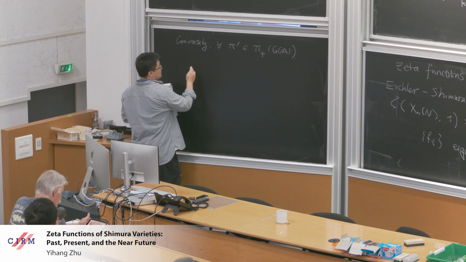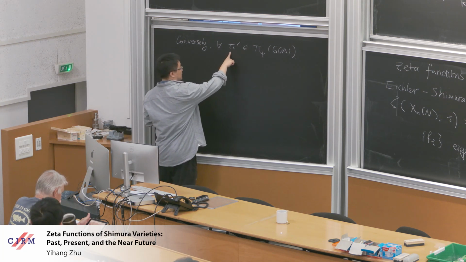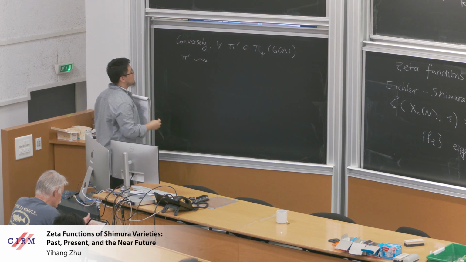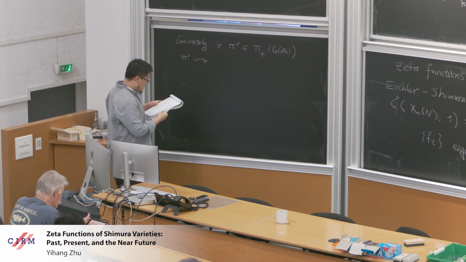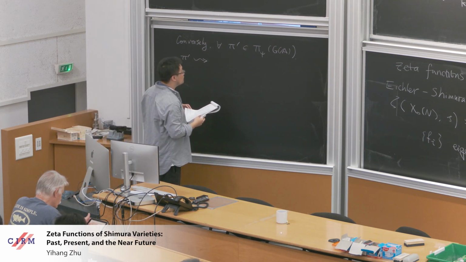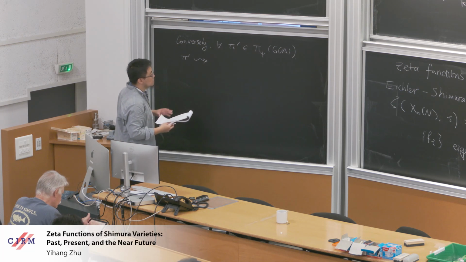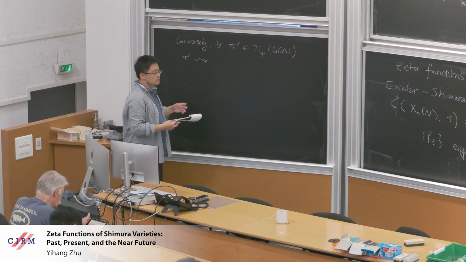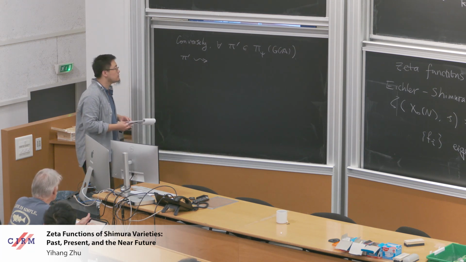So this pi prime should give rise to, after some extra choices, maybe, in the case where G is quasi-split, you need to choose some Whittaker datum, and in the case where G is an inner form, you need to pin down more choices.